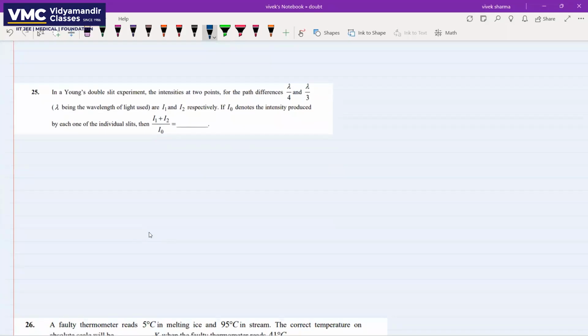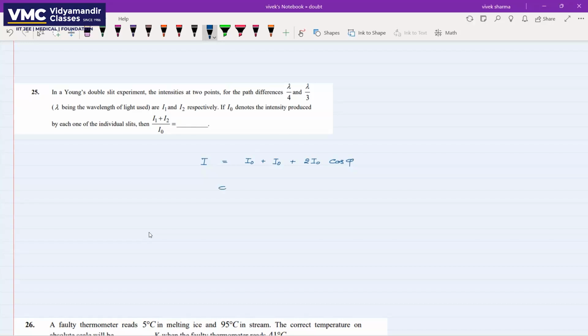YDSE wave optics का question है. Here YDSE intensity is at 2 points. So अगर दोनों slits की intensity same है, तो resulting intensity I that will be written as I naught plus I naught plus 2 I naught into cos phi. So first point, वहाँ पर intensity है I1 and path difference is lambda by 4.